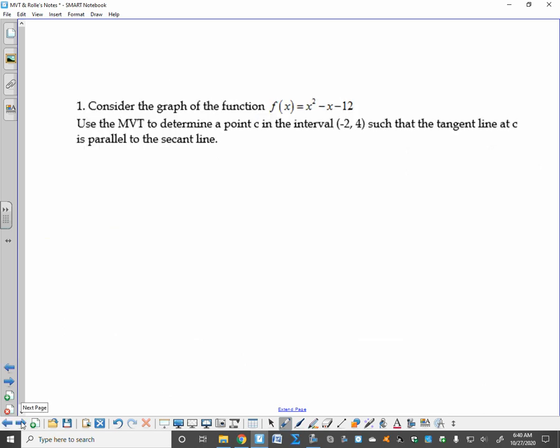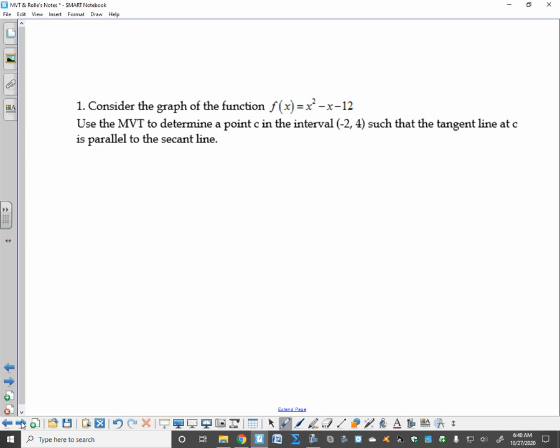Okay, so let's practice. Consider the graph of the function. Okay, so the first thing I notice is that it's quadratic. He has no issues. He's continuous everywhere. He has no sharp turns and no vertical tangent lines. I have to state that.